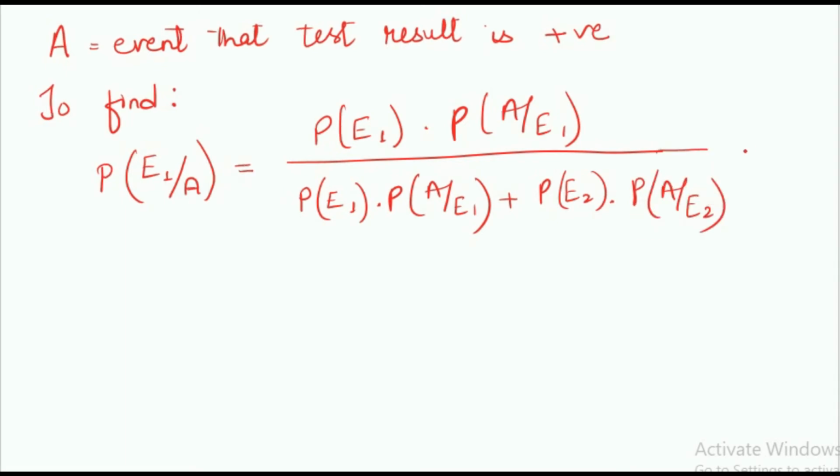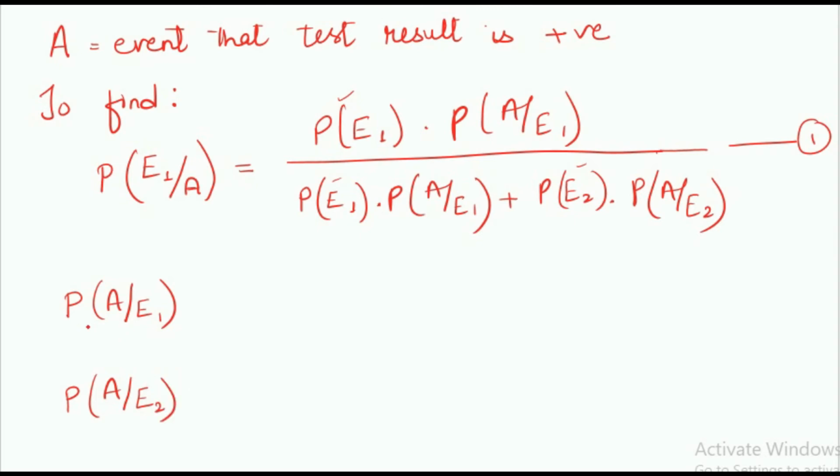Mark this as 1. So I have E1 and E2, right? But I don't have probability of A given E1, and probability of A given E2. How do I read this? Probability that I take out a sick person and his test is positive. And this is the probability that I take out a healthy person and his test is positive.